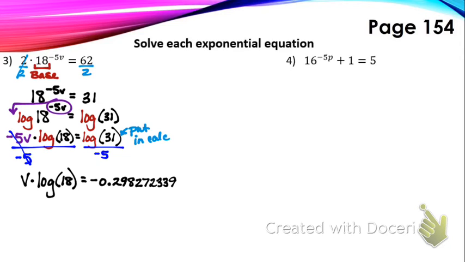Leave all that up on your screen because v is still not alone yet, right? What do I still need to do to get it alone? Divide both sides by log of 18. Now I have v all alone.